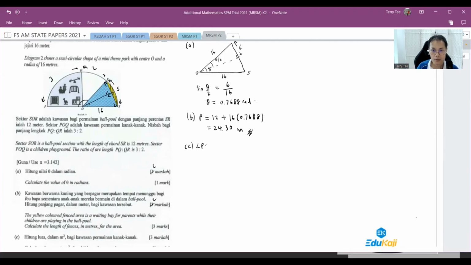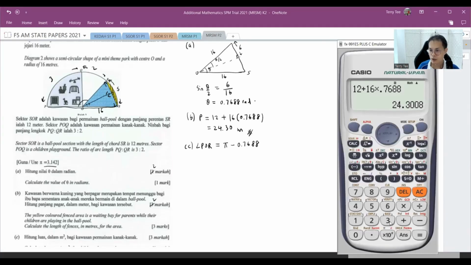Maybe we say POR is what? Since POS is a straight line, it is a semicircle. So we can say it's pi minus angle theta, 0.7688. But remember to use 3.142 for your pi. So 3.142 minus 0.7688.